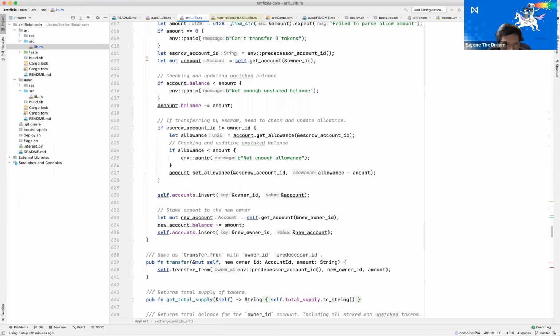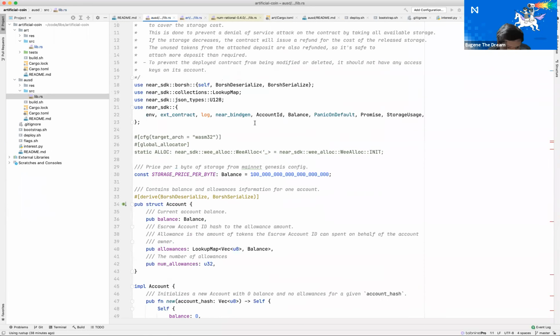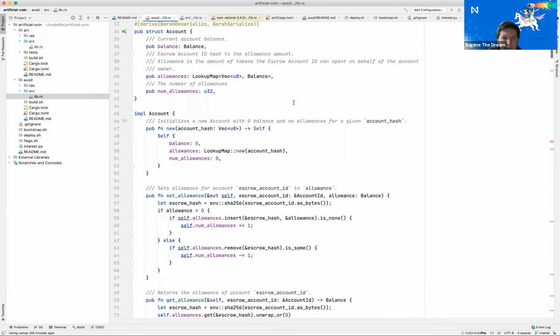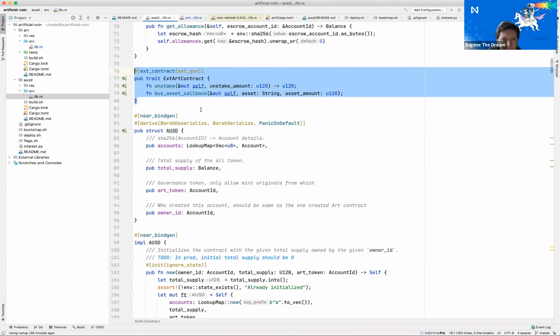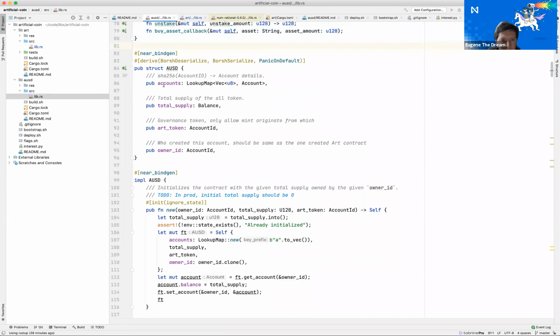All right, so let's look at the AUSD contract. So again, all fungible token, 2 callback methods. You have a list of accounts, our token and owner ID.